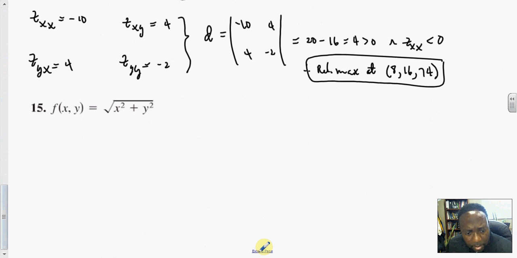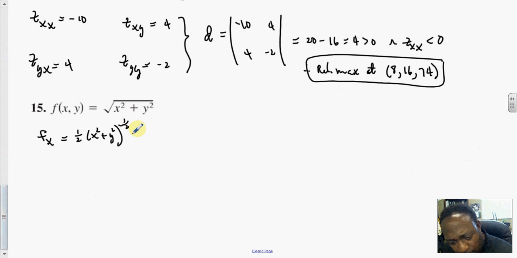All right, let's look at number 15. We find the partial of f with respect to x. So this is 1/2 times x squared plus y squared to the negative 1/2 times 2x.